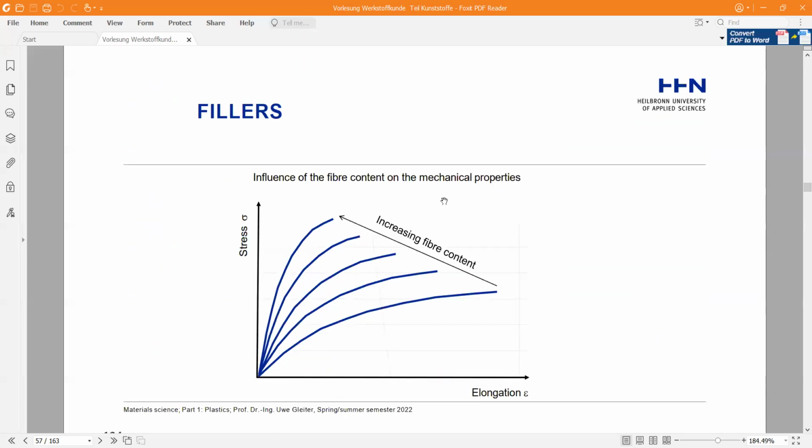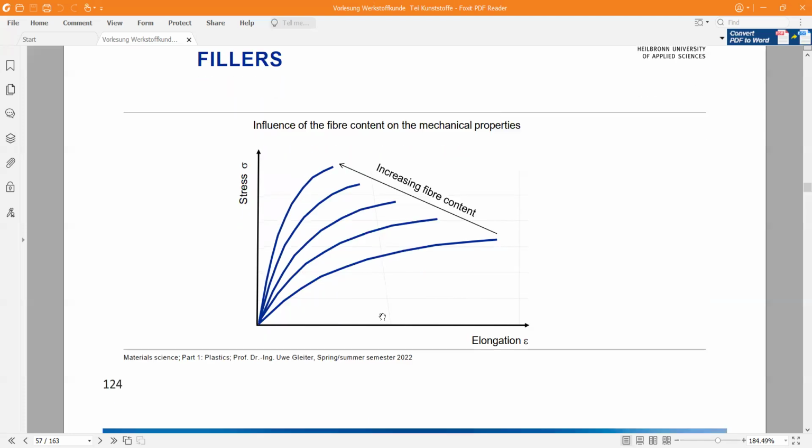Influence of the fiber content on the mechanical properties. On the horizontal axis we have elongation epsilon, and on the vertical axis the stress, and the more we add fiber, the more the stress or elongation increases.